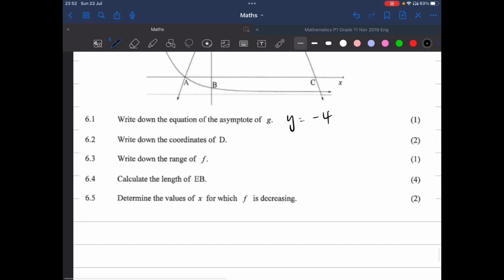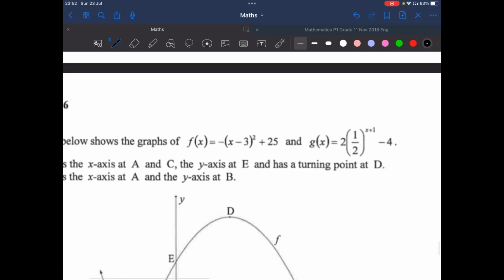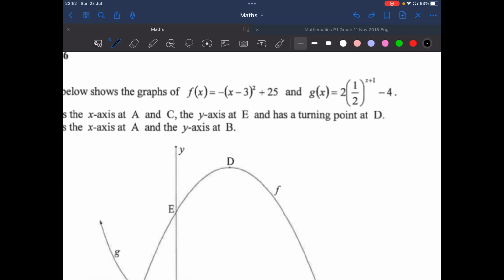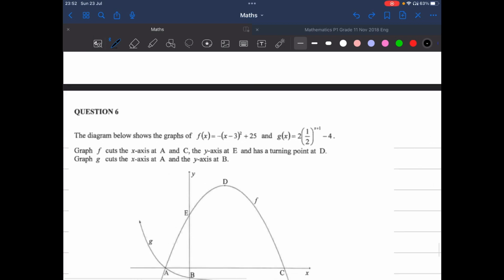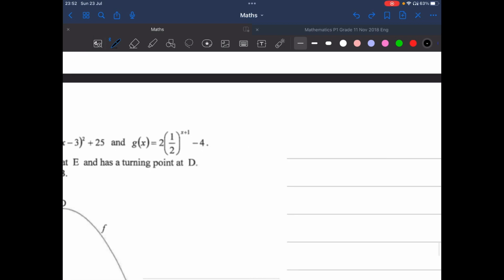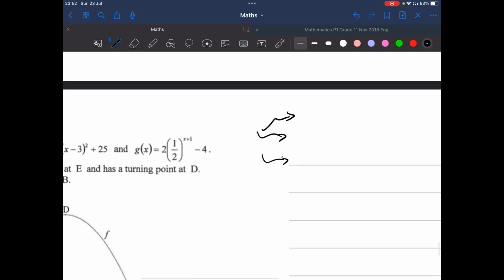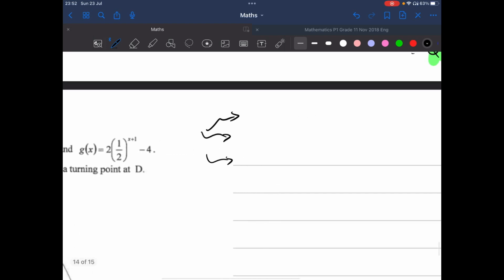6.2, write down the coordinates of D. Okay, so D is our turning point of the parabola, which was f(x). Now, before we continue, let's just talk about parabolas, right? There are 3 different ways that you'll see the parabola function given. First you have standard form, y = ax^2 + bx + c.